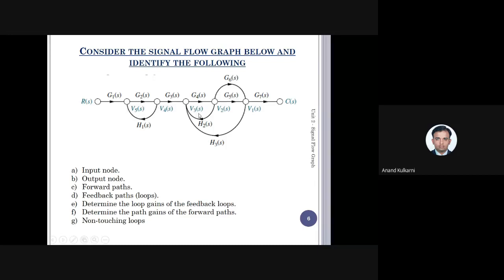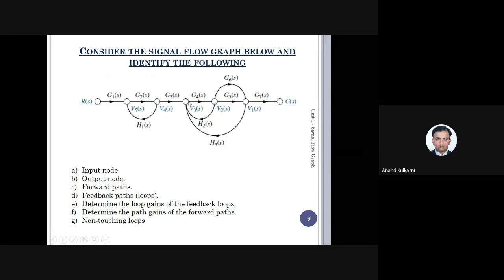Now is there any other? We'll observe here. Yes, there is one more. See here. Now if I consider this as 4, I'll go on moving and then you'll understand. From 4 to 5, then 5 to 4. If I consider this as 4 to 5 and 5 to 4, this is one loop.